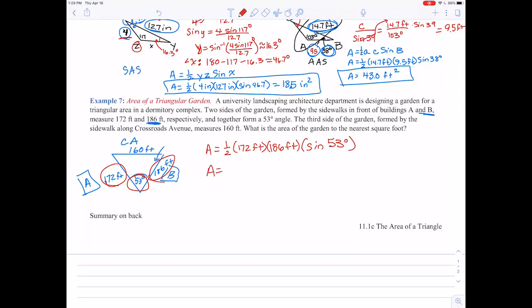And we plug that into the calculator. And we get, to the nearest square foot, 12,774.9, so we'll say 12,775 square feet. And that would be the solution to that problem. And there you go. That's finding the area of a triangle when you don't have the height.